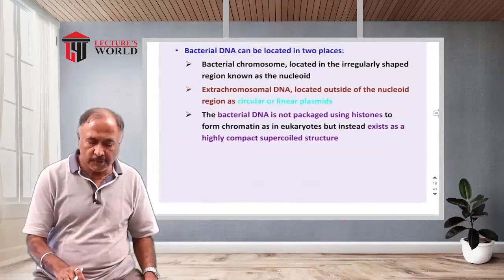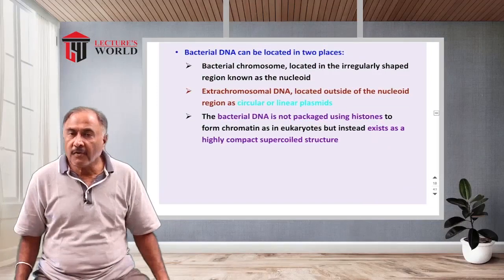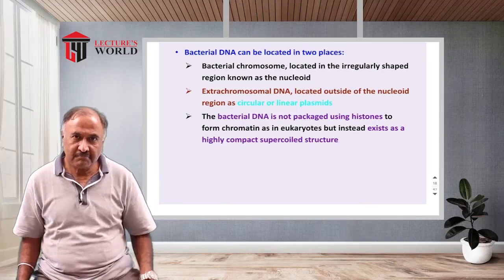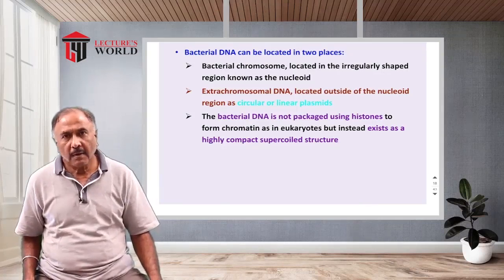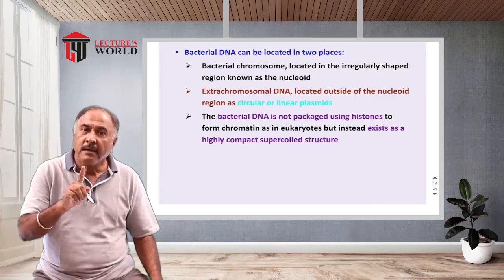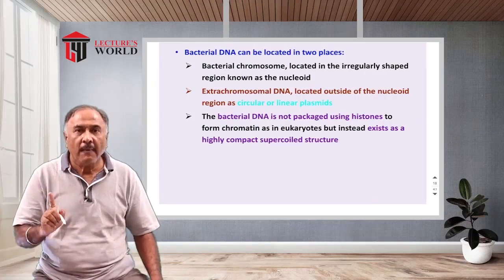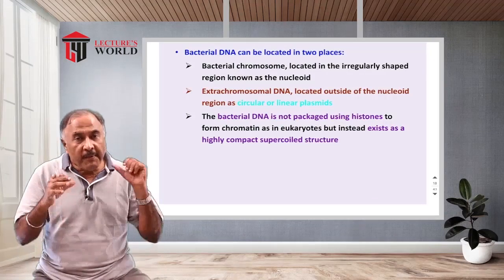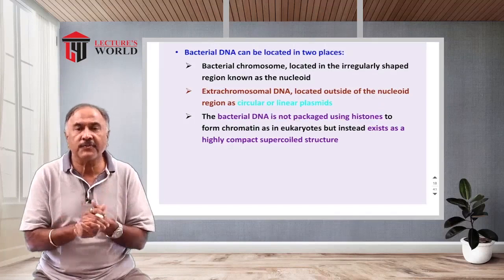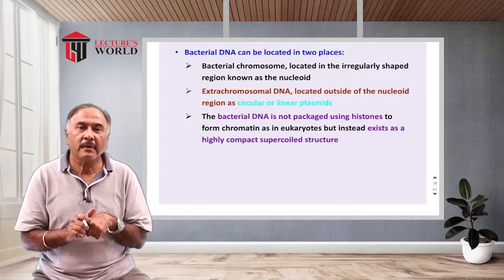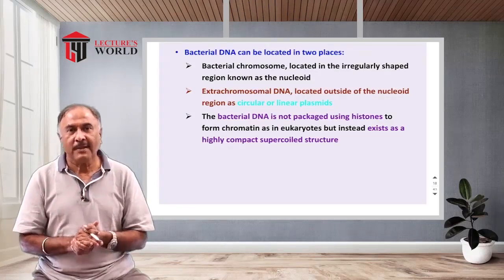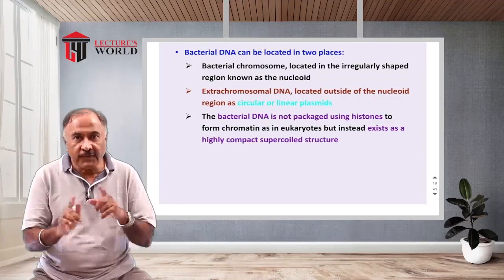Another important thing about nuclear material is, in case of bacterial DNA or a bacterial chromosome, it is usually single, that is haploid, and circular or linear. It remains in super helical structures, and this is done with the help of histone-like proteins. Histone-like proteins, not histones.